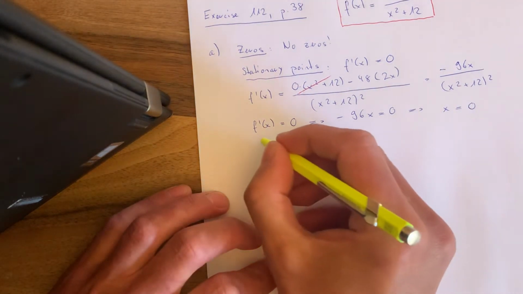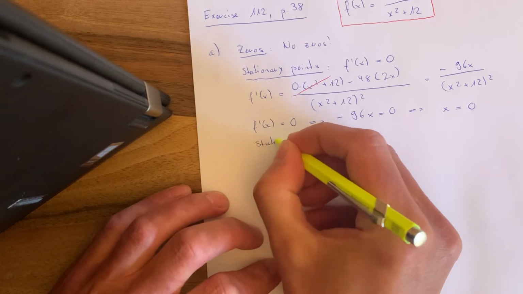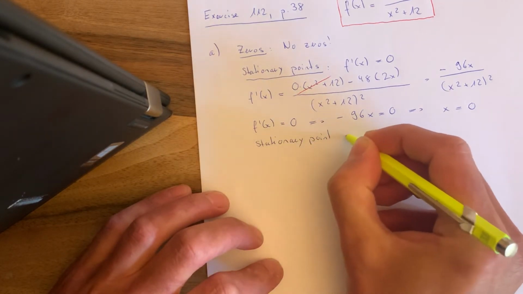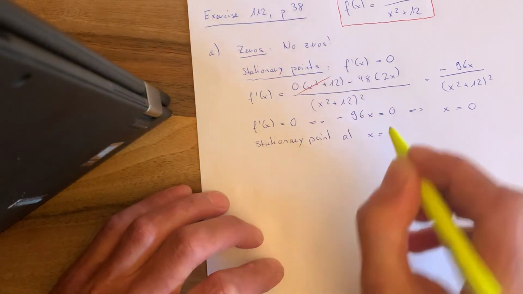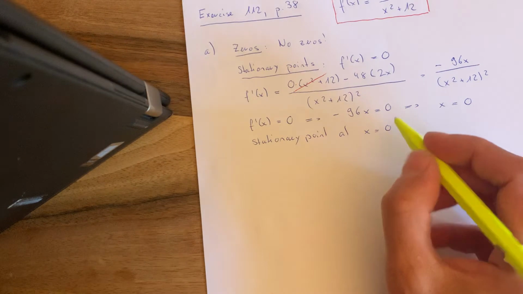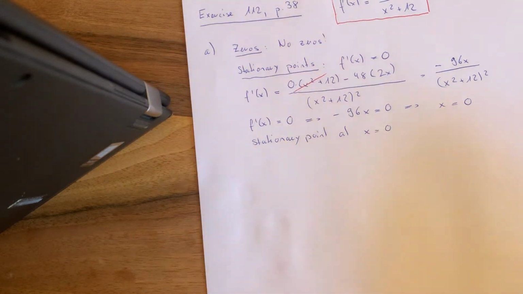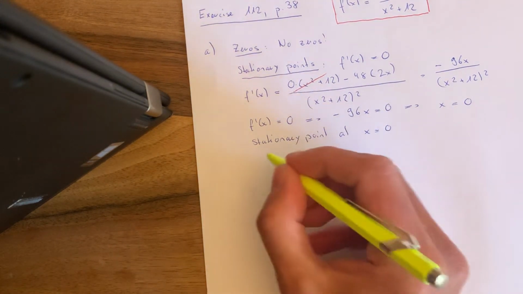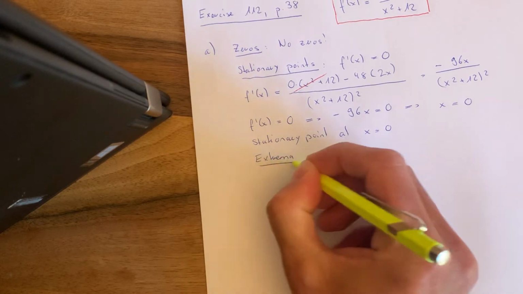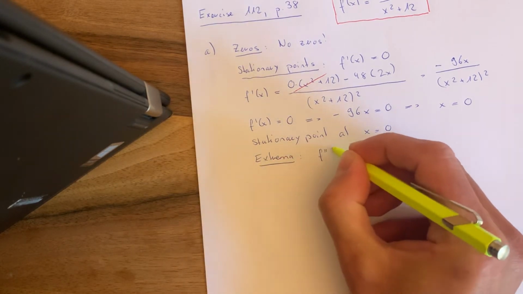So we have a stationary point at x equals 0. Now we need to know what we have here, whether we have an extremum or a saddle point or whatever, which means we need to take the second derivative of f.